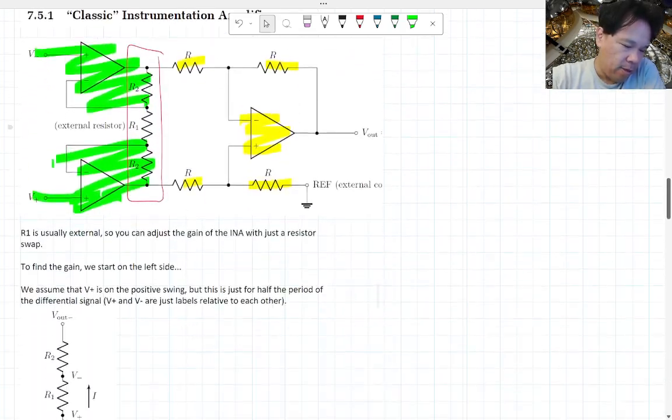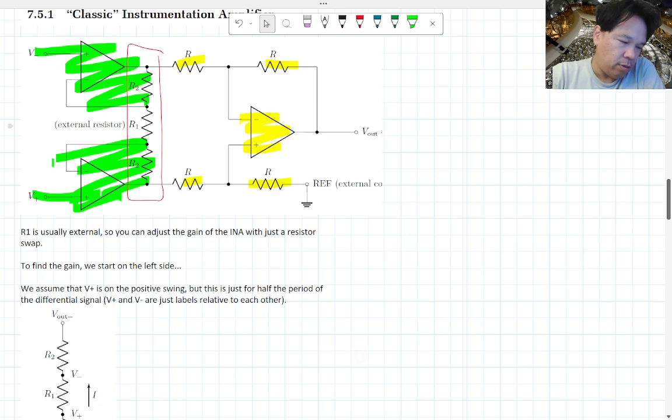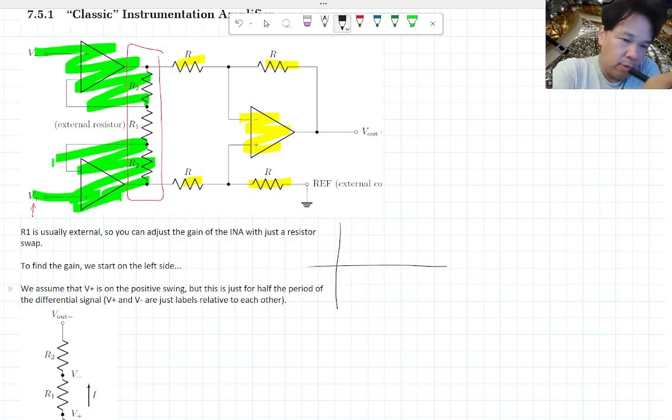Okay, I'm going to assume that the input is on the positive swing, because remember these are differential signals. Let's say this is V plus, which can swing up and down like this.